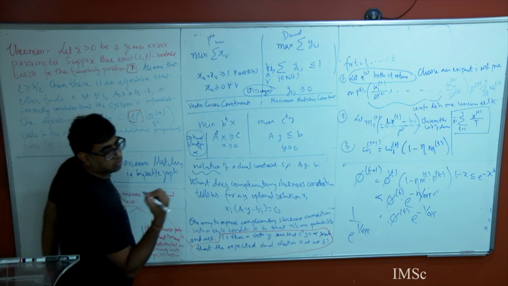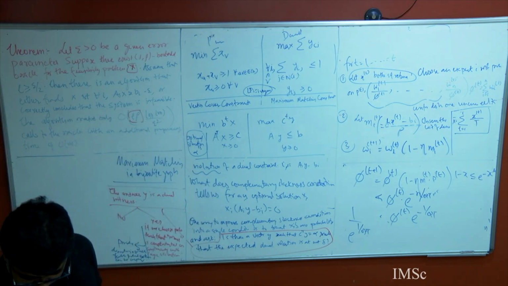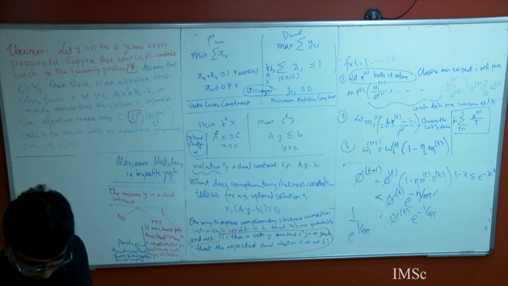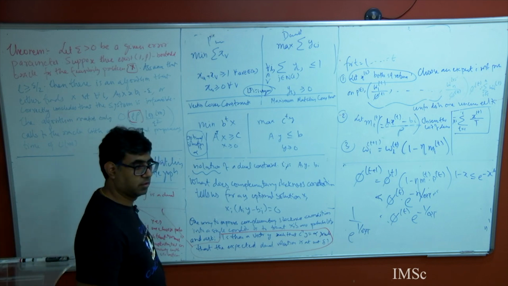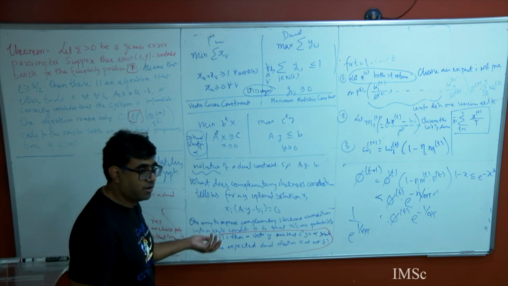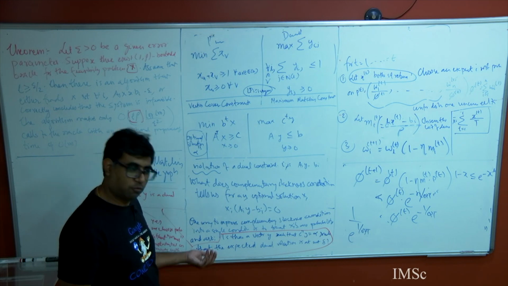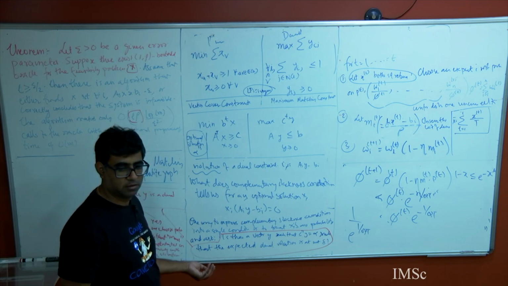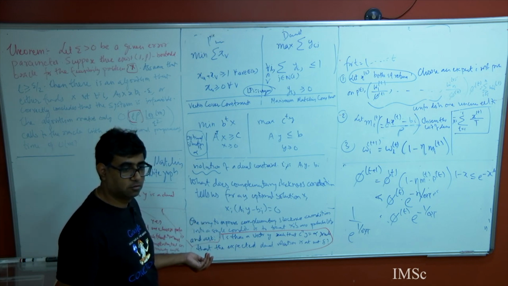And if it says no, what is the meaning of this? What does no mean? There is no direction in which I can improve my dual solution. So what is the meaning of that? There is no feasible solution to whom?